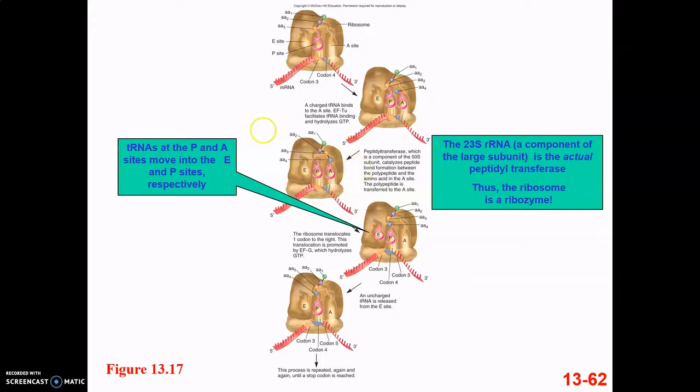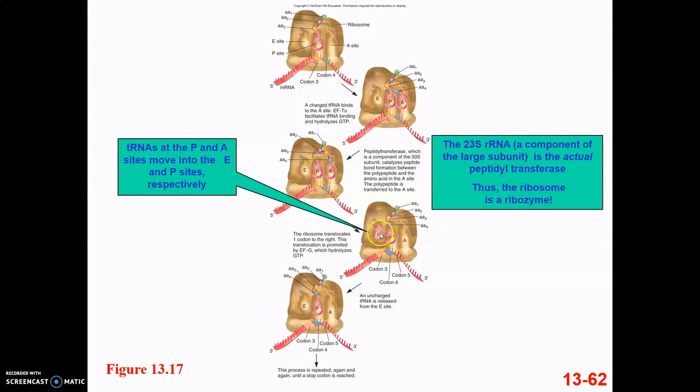and then another elongation factor will come in and facilitate the shift of the spent transfer RNA from the P site to the E site, and the movement of the growing chain and the transfer RNA from the A site to the P site.